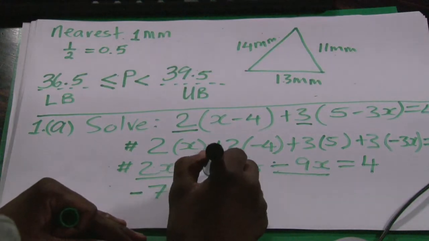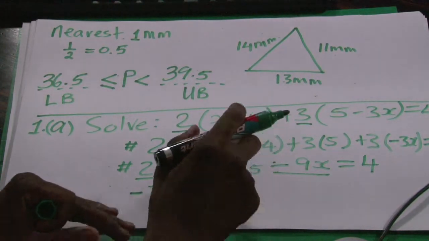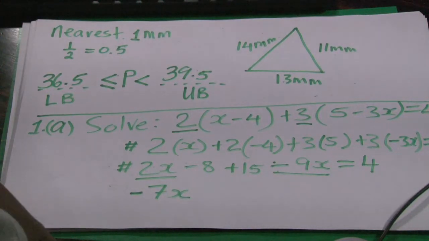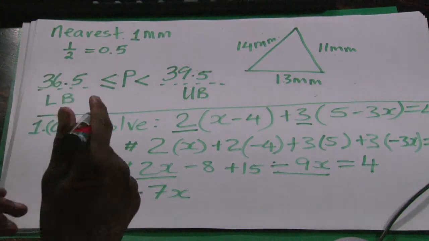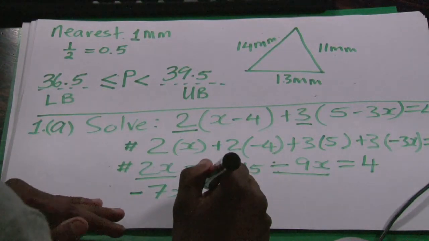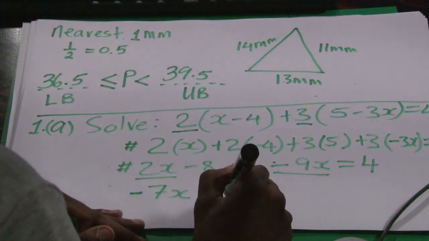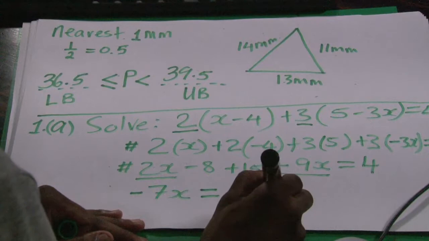And then we also have these like terms, negative 8 plus 15 gives us 7. So this means that negative 7x is equal to 4 minus 7.